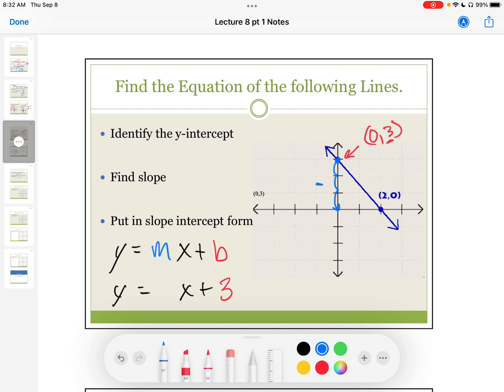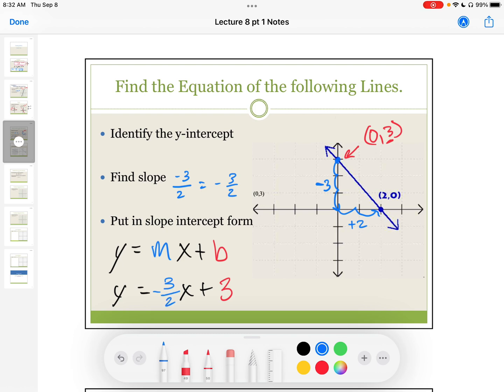And I went down 3 spots. Okay, then I'm going to count to the right. 1. I went to the right 2 spots. So that's a +2 over a -3. So remember, your slope is rise over run. So we've got -3 over +2, which just equals -3/2. So my slope is -3/2.